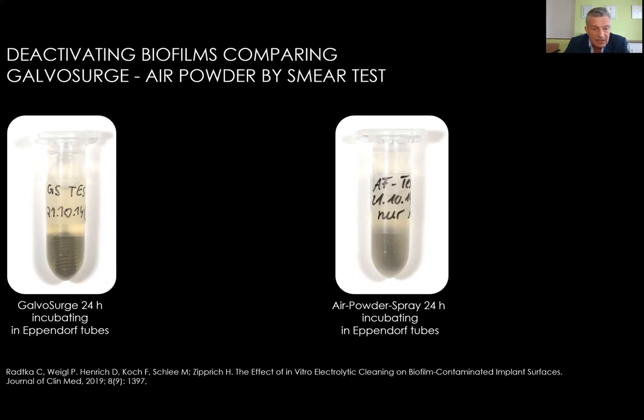On the left side, you see the implant after 24 hours incubating in this nutrition solution after GalvoSurge. On the right side, you see it after air powder spray. And you see the color of the fluids is different. On the left side, it seems to be more clear.